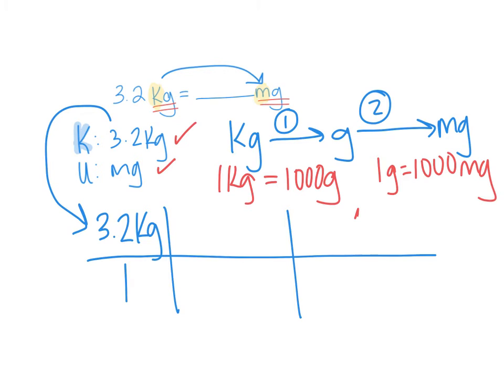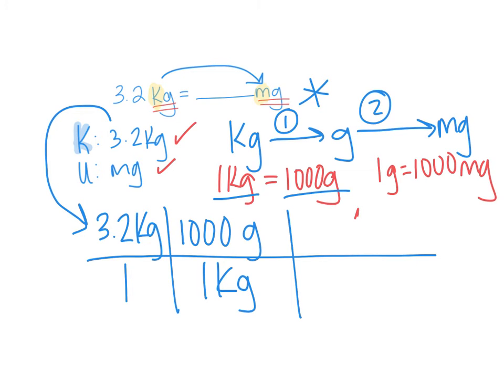Now we're looking at step 1, so right here. So step 1, we got to go from kilograms to our base unit of grams first. So you're looking, am I going to put 1 kilogram in the bottom, or am I going to put 1,000 grams in the bottom? And I hope you all realize you're going to put 1 kilogram in the bottom, which means 1,000 grams goes in the top.